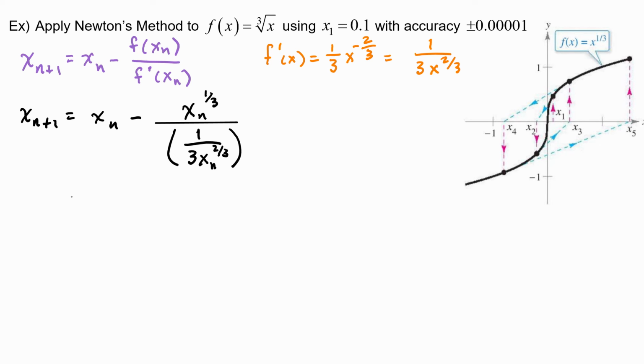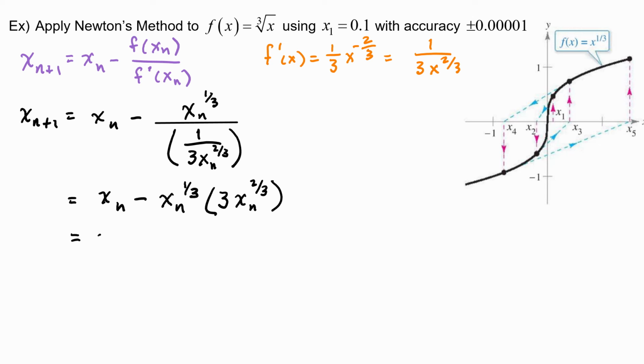Now let's simplify this. We get xn minus, here we have to take xn to the 1/3 power and multiply it times the reciprocal of the denominator, which would be 3 xn to the 2/3 power.